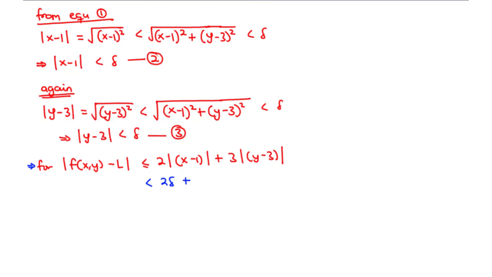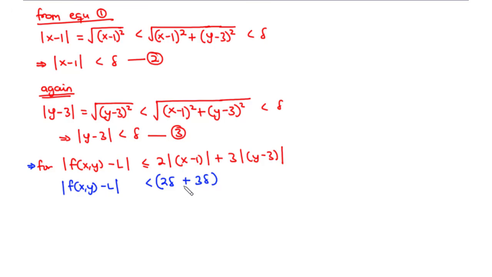Therefore, we say that what we have here is also going to be less than 3 delta. And don't forget, we have on the left hand side |f(x, y) - L|. That is the absolute value of this.